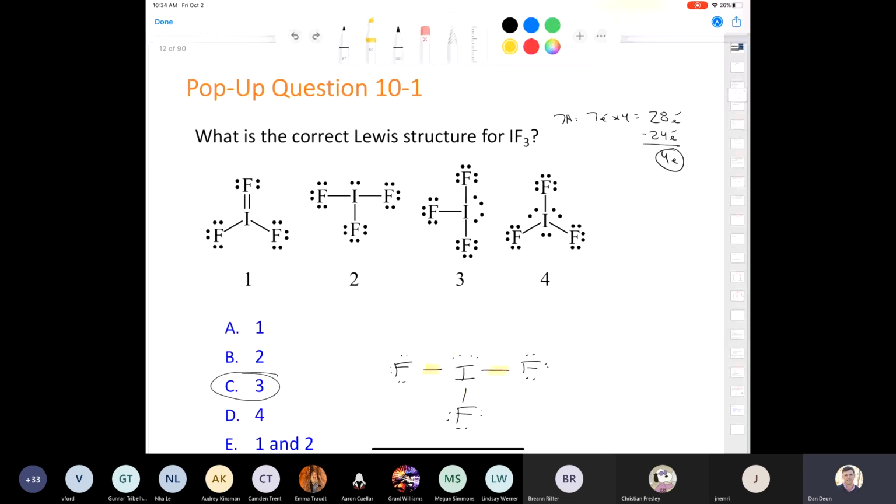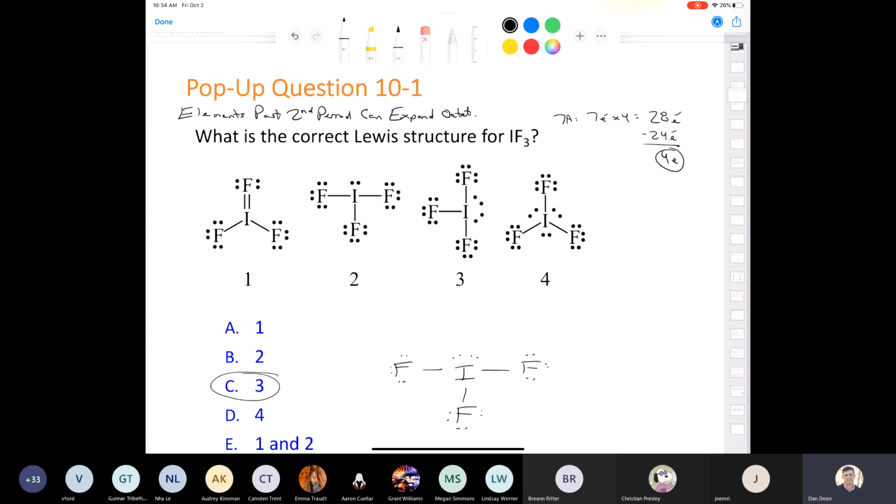Well, the thing is that iodine is in the 5th period. And for elements that are past the 2nd period, you can have what's called an expanded octet. So let me write that in here. Elements past 2nd period can expand octet.